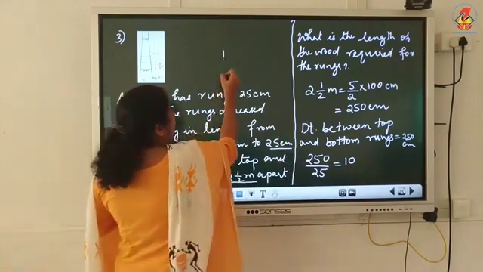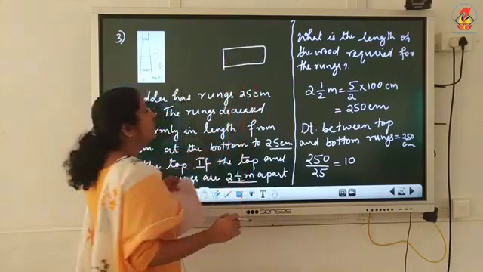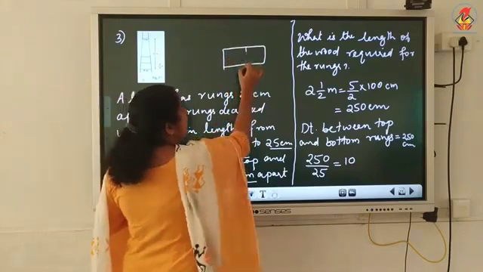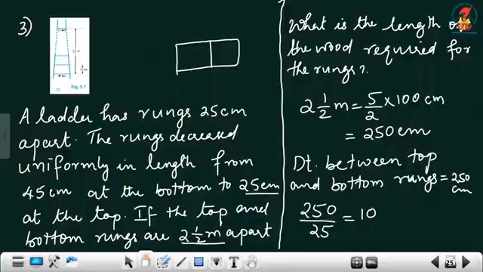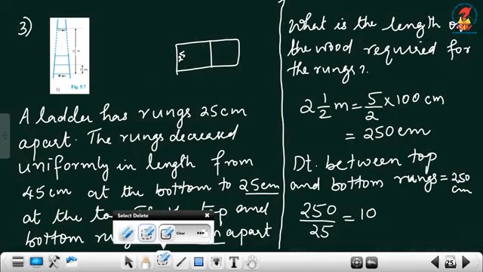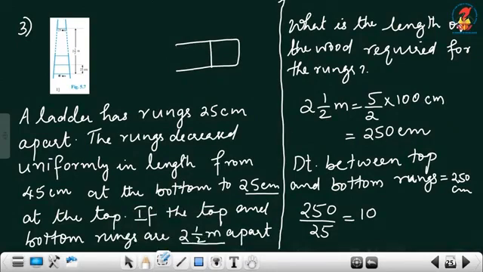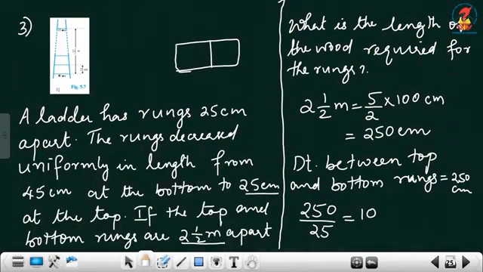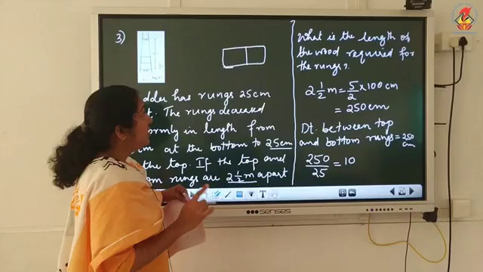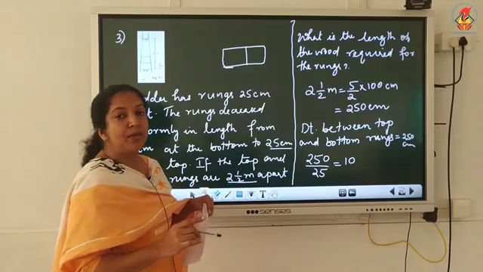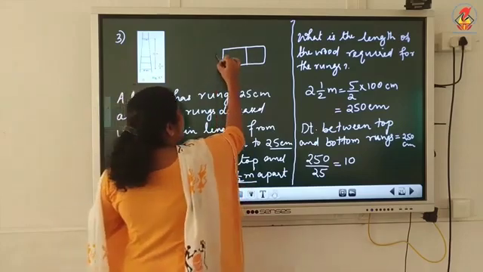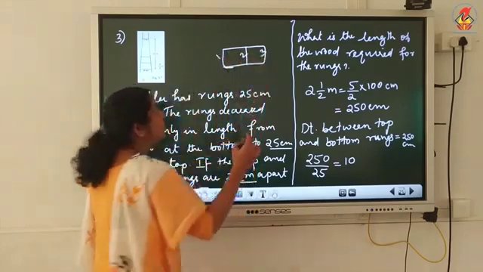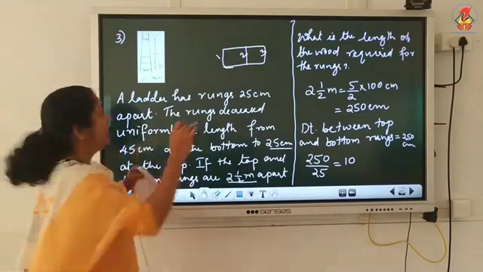So 10 equal parts means, consider a rectangle. If we divide this into 2 equal parts, how many lines are there? 1, 2, 3. So 2 equal parts means 3 lines.